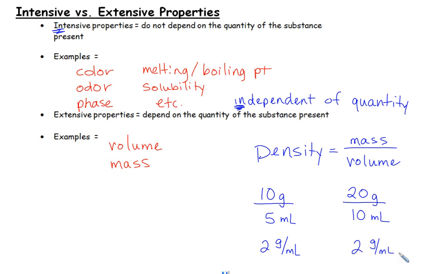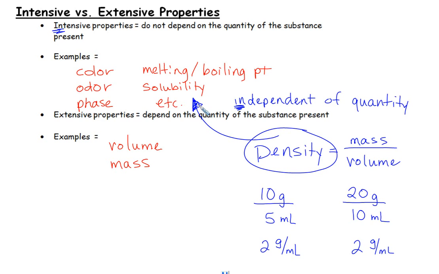Density is a ratio of mass to volume. This is another property that you can find on an MSDS sheet. Something that's consistent for a given substance, regardless of its sample size. So density belongs up on top. It's an intensive property.